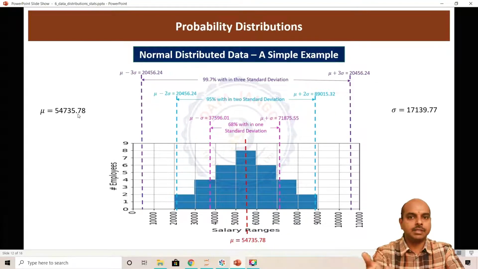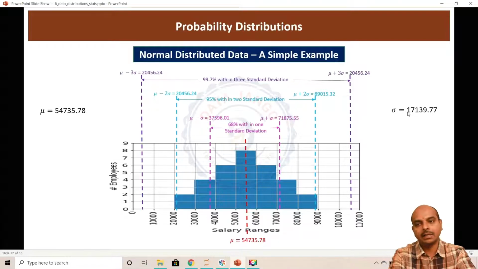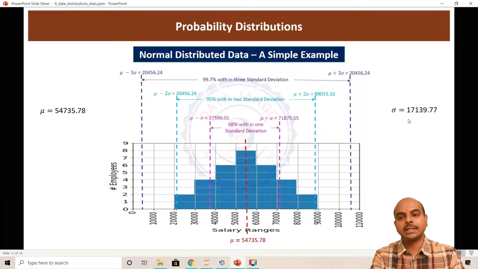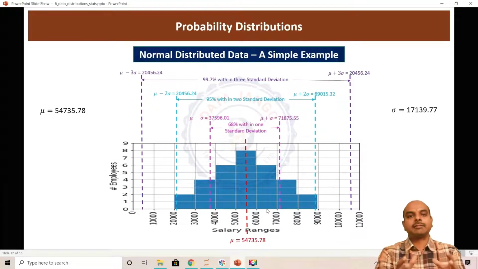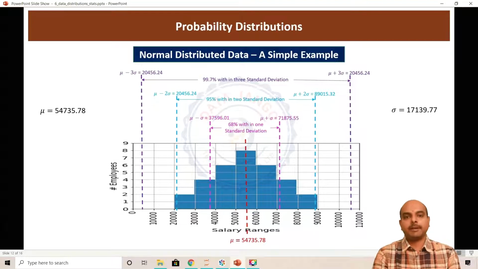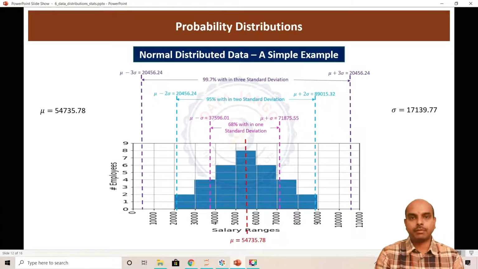That's the standard deviation's meaning. So if you add 17,139 to the mean or subtract 17,139 from the mean, that's the range in which most of the people's salaries will fall.